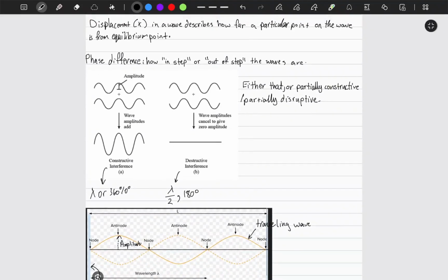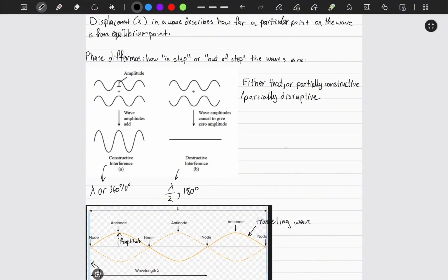Another thing I need to mention to you is the phase difference. So you can have two waves, and depending on their phase, or where they are in their cycle, they can work together with other waves and become stronger waves, or they can work against each other and become weaker waves. So, for example, if you put two waves that are exactly in phase with each other, so that the trough is with the trough, the peak is with the peak, they both add up and become larger.